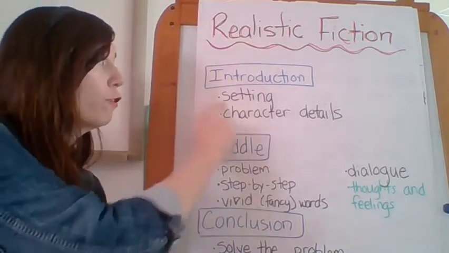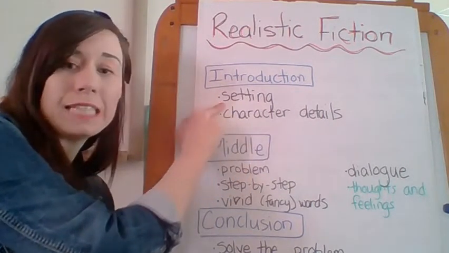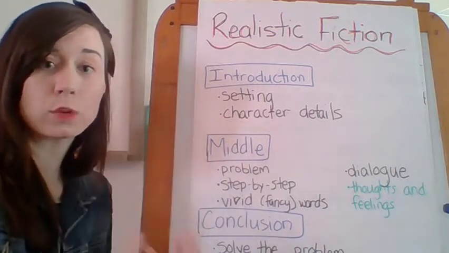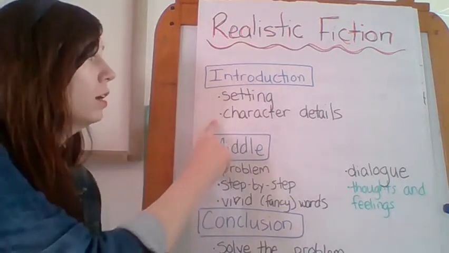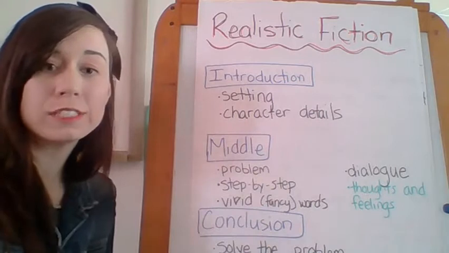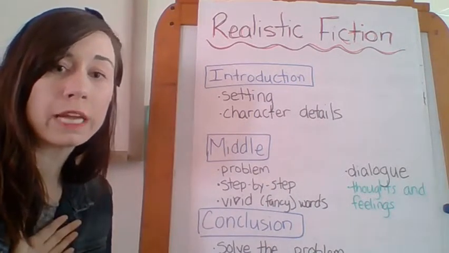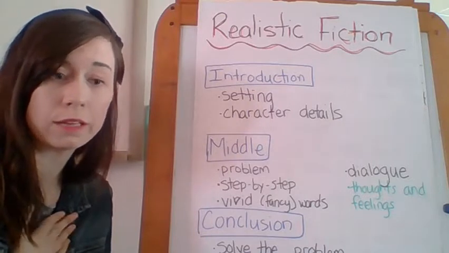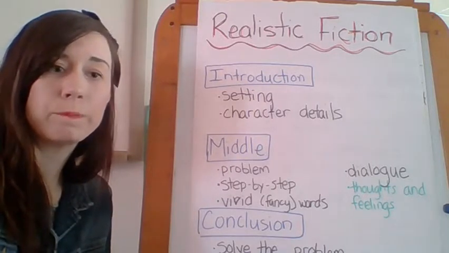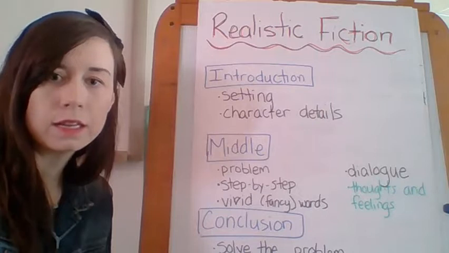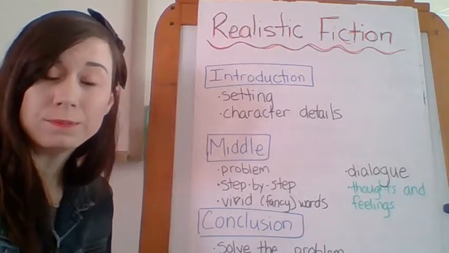And we have focused on adding a setting, which is where the story starts, and also adding character details. How old are they? What are some character traits about that character? What do they like? Those kinds of things.